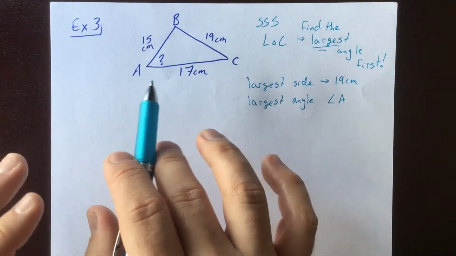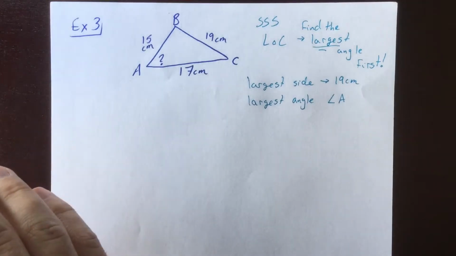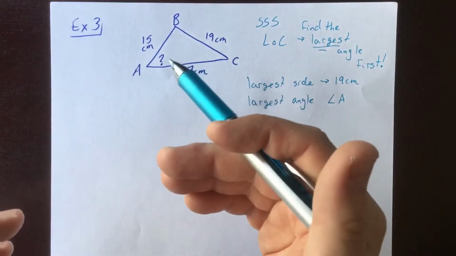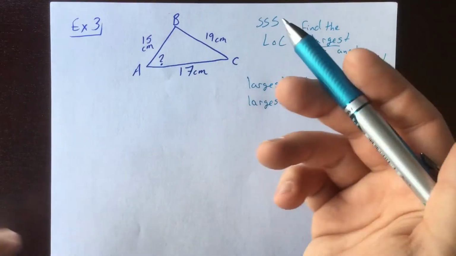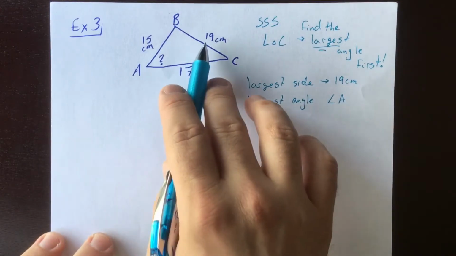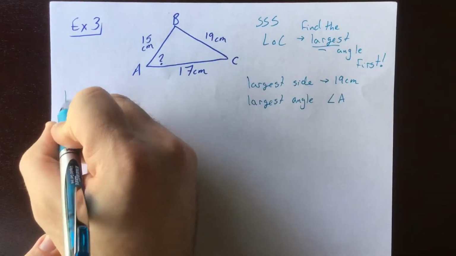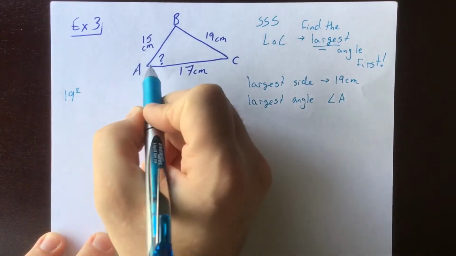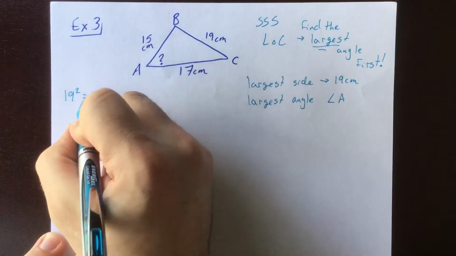So you know how our unknown value is on the left by itself? Well, here our unknown value will be the angle measure within cosine. So I'm finding angle A, so length A has to go alone.